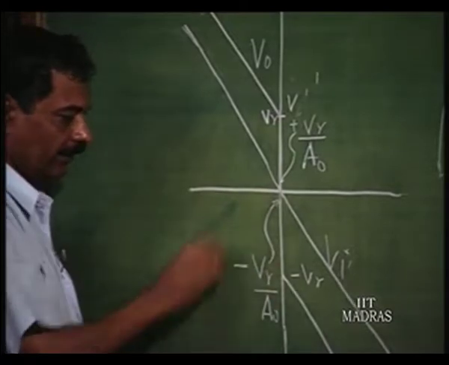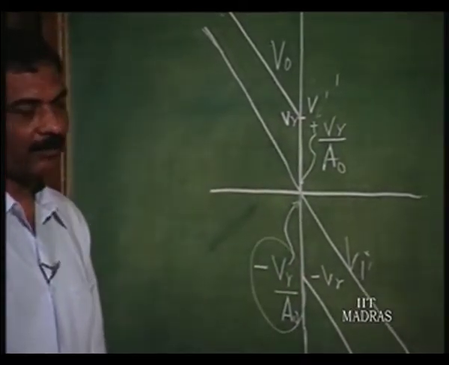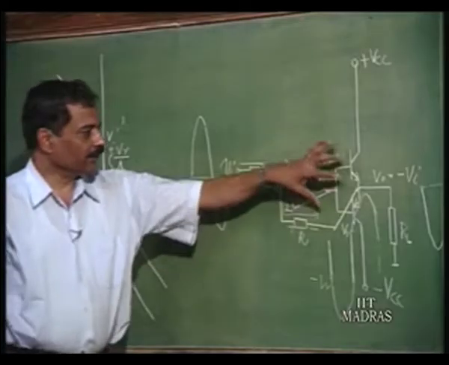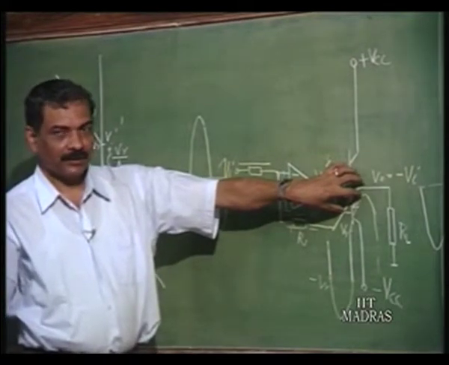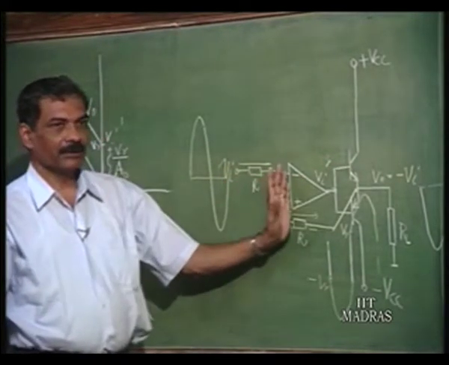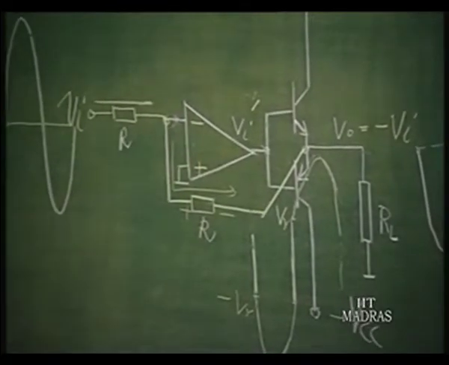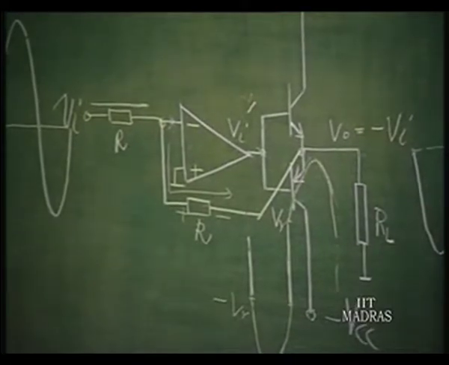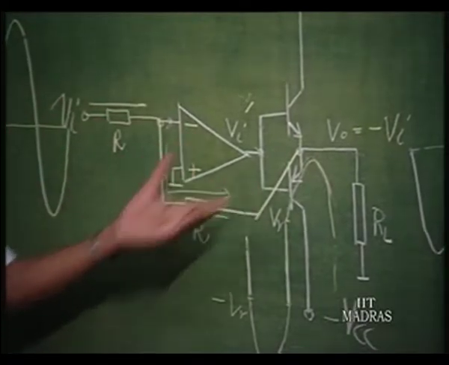So, this kind of reduction of the cut in voltage by V gamma by A naught is possible for this combination of transistor with op amp. This kind of circuit can also be used for rectification, etc. Later on we will see how precision rectification can be achieved also by similar combination of op amp with diode.